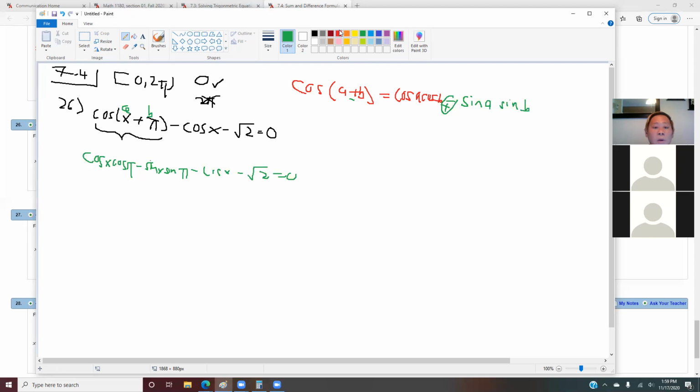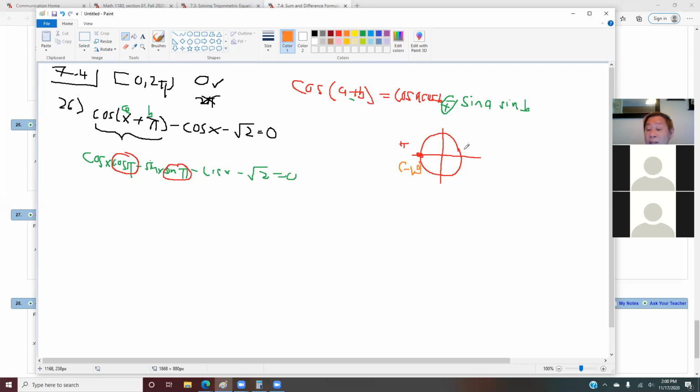Now you need to tell me what cosine pi is and what sine pi is. And if you don't know, we use the unit circle approach. Where is pi? Pi is located right here, right? This is pi. What are the coordinates for this when you look at your unit circle approach? These coordinates are -1, 0.